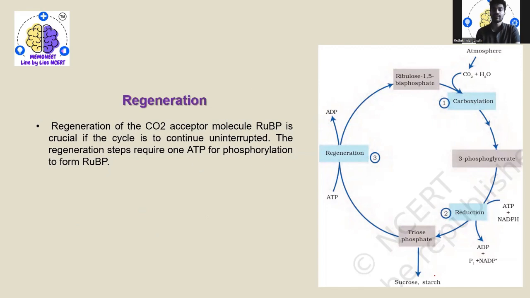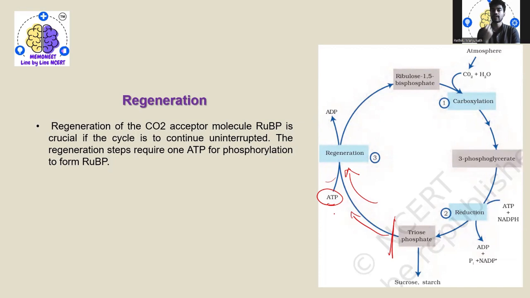Then after this, you will see the regeneration. So in regeneration, what happens? The regeneration of the carbon dioxide acceptor molecule, RuBP, is crucial if the cycle is to continue without any interruption. Then what do the regeneration steps require? It requires ATP. So if you need a regeneration step, again you require energy.